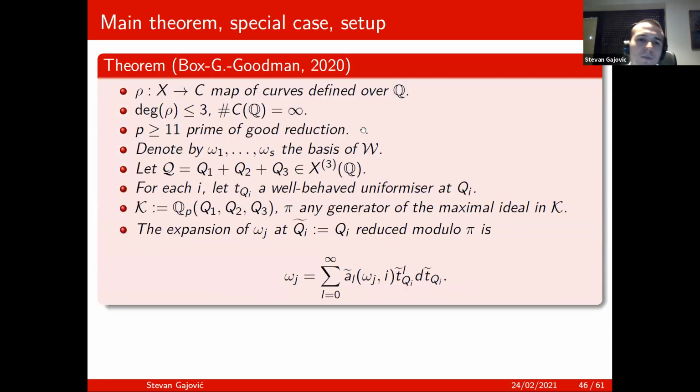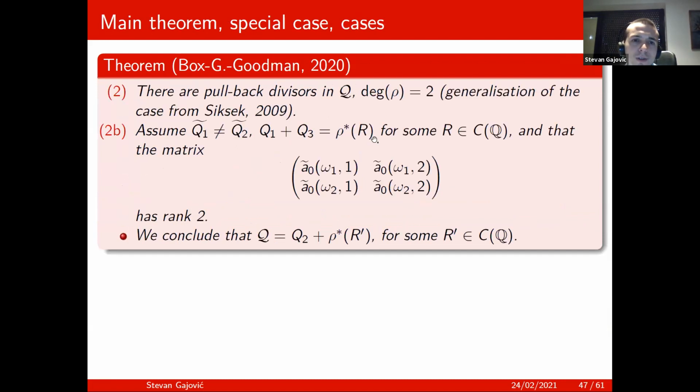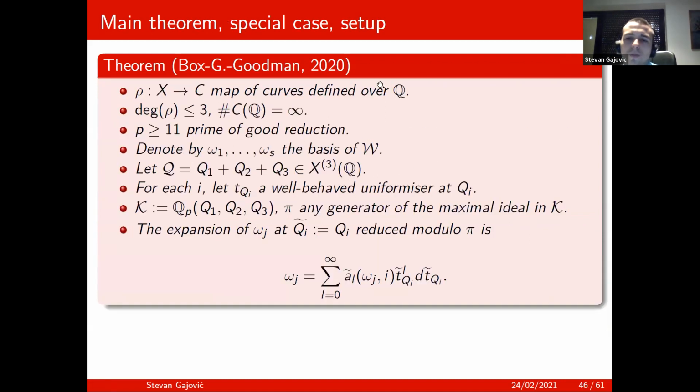And this is a theorem that is supposed to handle this. Let's see, and that I will stop after that. So in this concrete example, let's assume that we have a map of curves of degree at most 3 and a prime greater or equal to 11. And we have a basis of vanishing differentials of trace 0 with respect to this map.